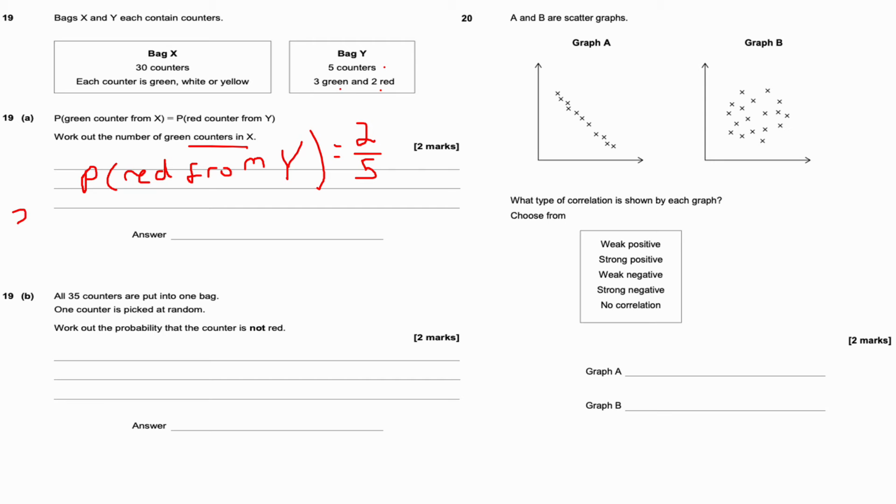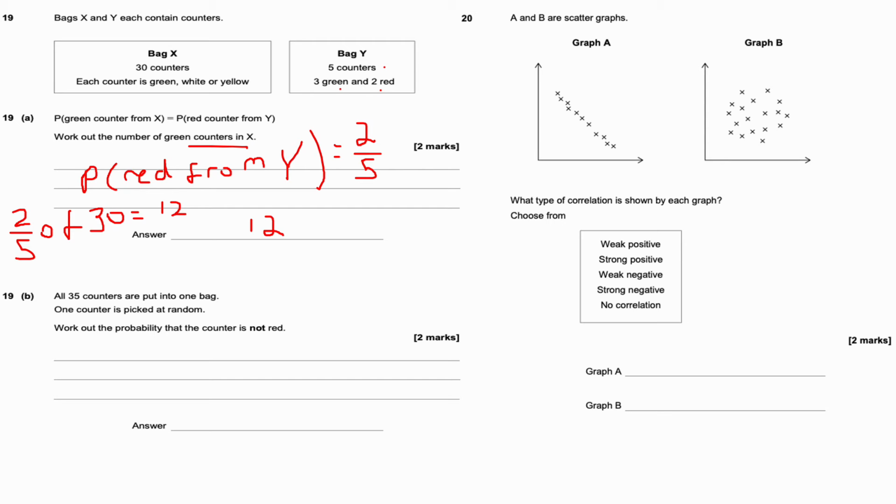So if I work out 2/5 of 30, that will tell me how many green counters I will have in bag X. It's a fraction of an amount, so I divide by the denominator times by the numerator. 30 divided by 5 is 6, double of 6 is 12. So there are 12 green counters in that bag.